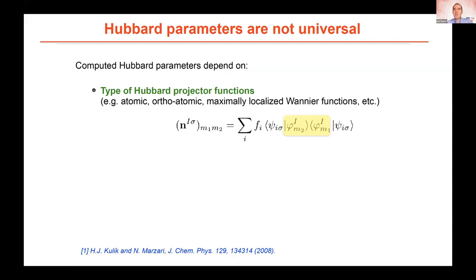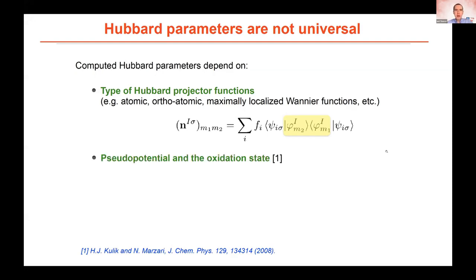If you use the Hubbard U parameter of, let's say, 5 electron volt in different codes, you will obtain different results because the Hubbard projectors are different. So that's the common mistake, actually. So one has to be very careful when taking the Hubbard U parameter from other papers, from different codes, and try to use it with a different code for your research.